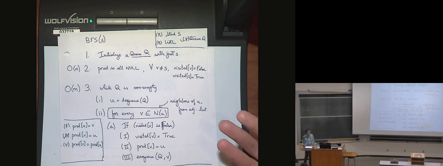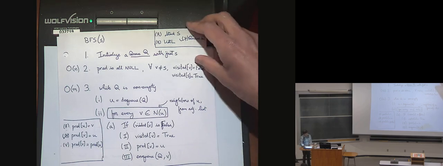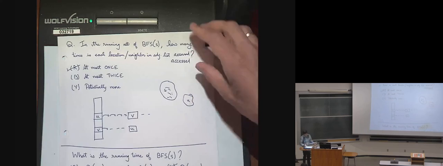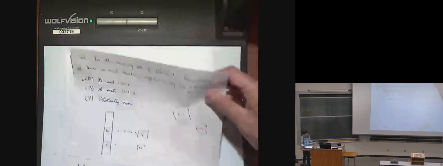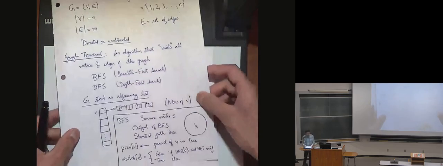So again, we discussed breadth first search, and we talked a little bit about the running time. But today what I want to discuss is really what is the output of BFS and what is the main theorem about BFS. So let's go back to the outputs of BFS.